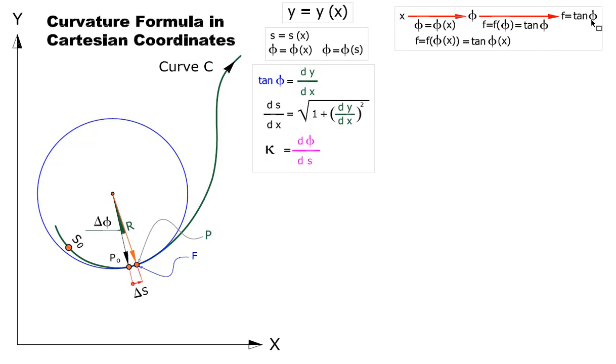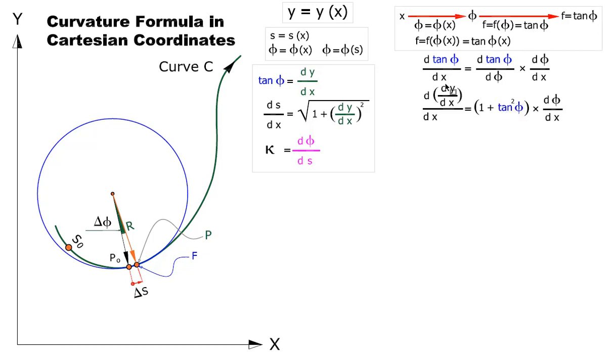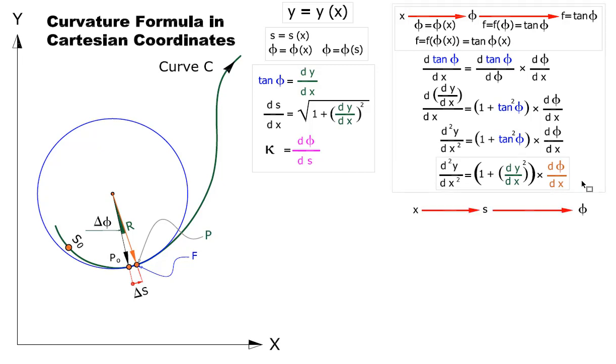So if we want to derive function f relative to x, we use the chain rule, and then we substitute the derivative of tan phi here, and we substitute tan phi, which is dy over dx, and we get this relation here, which is important for us.